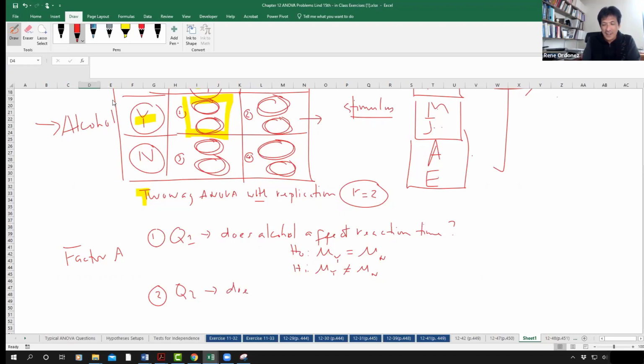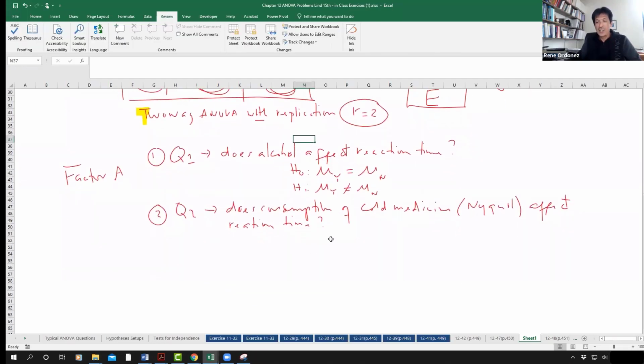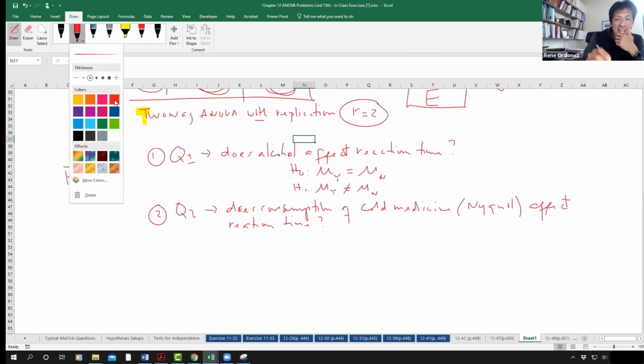Does consumption of cold medicine, say this cold medicine that I administer is NyQuil, affect reaction time? So this too would be another 1-factor test.